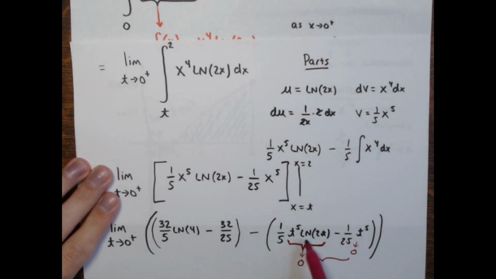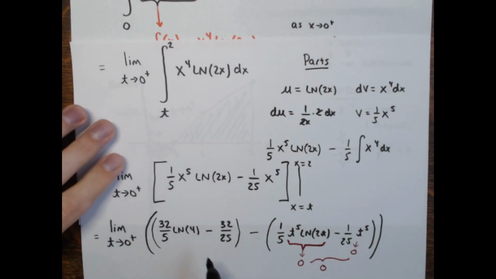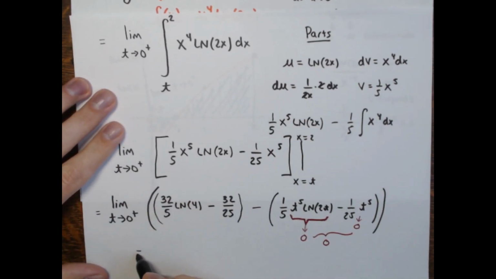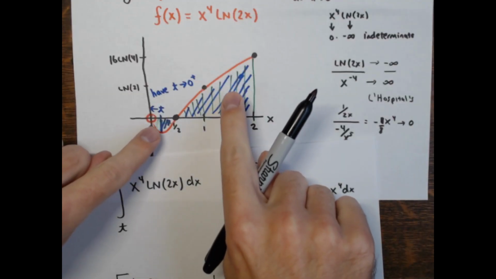So this whole expression after the minus sign here is approaching 0 as t approaches 0 from the right. So we do have a finite limit, and it's this thing here. It's 32 fifths times the natural log of 4 minus 32 25ths. That would be the net area that I drew earlier, this area here.